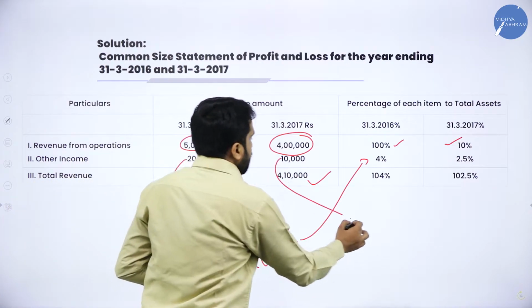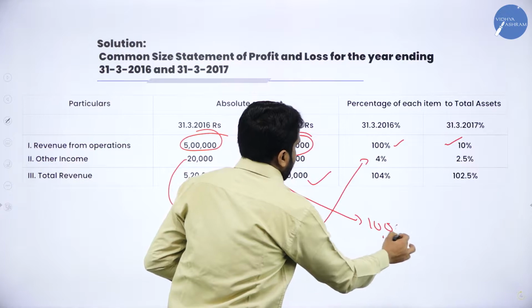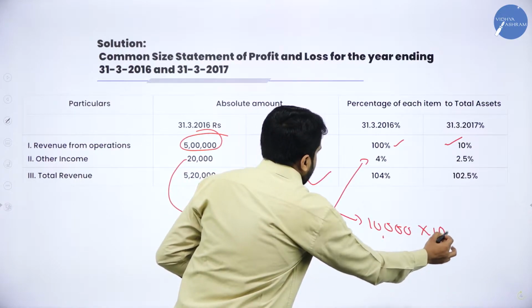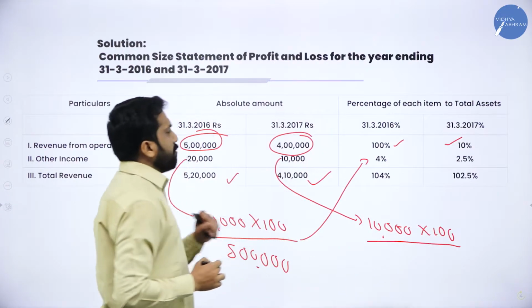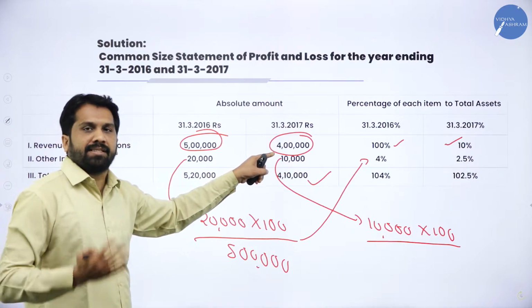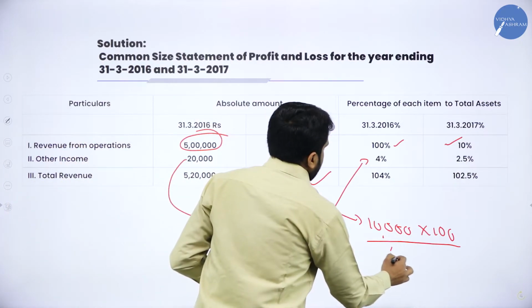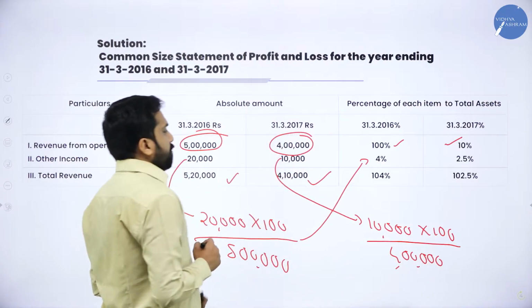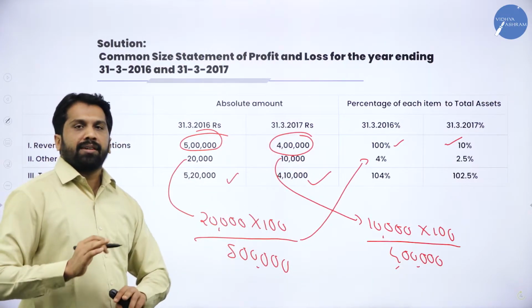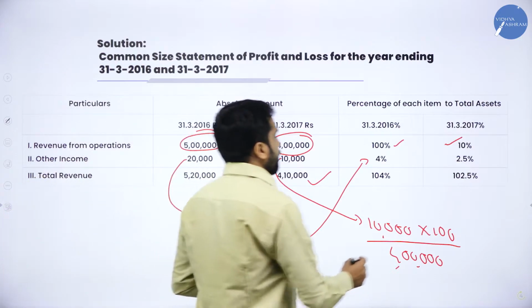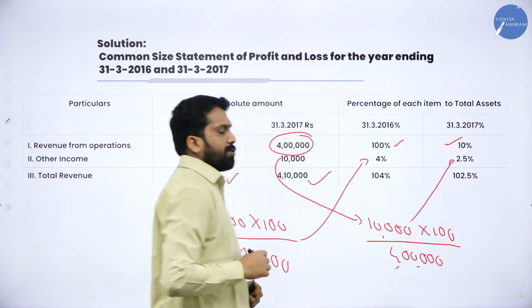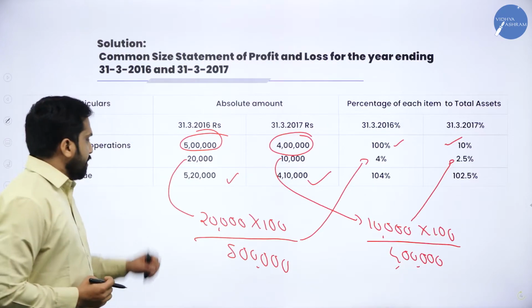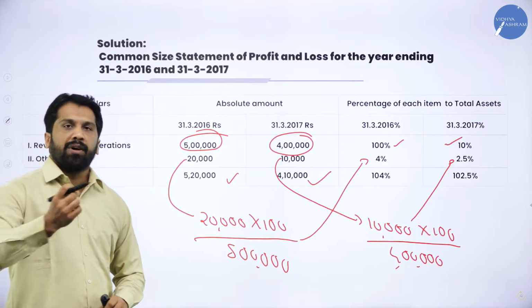What is this? 10,000. 10,000 multiplied with 100 divided by what is the base? The base is 4 lakh. So the base is 4 lakh. Like this you have to calculate. If you do this calculation, you will get 2.5%. This is your stage 1.